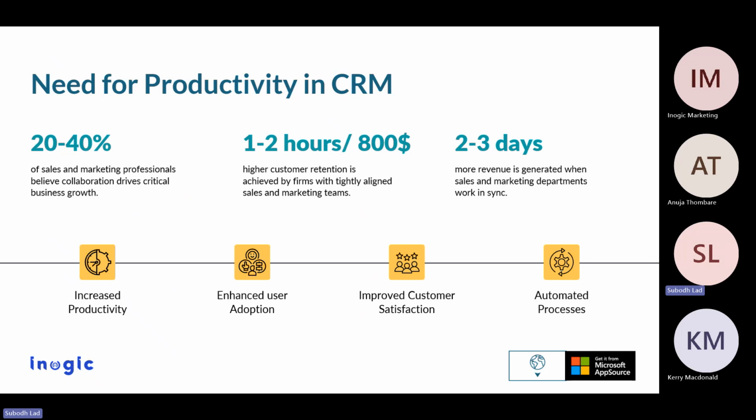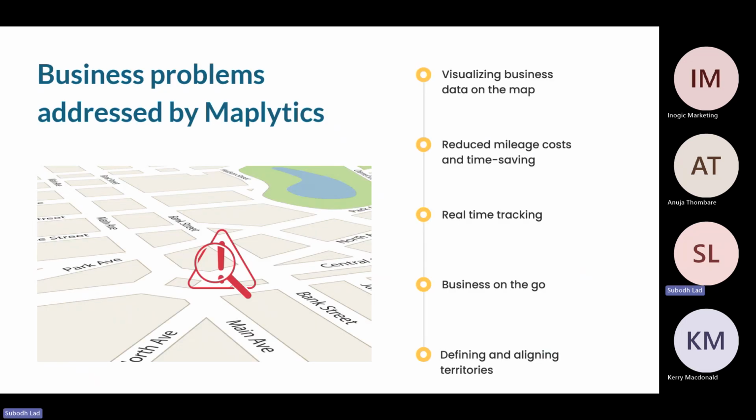This leads to increased productivity, enhanced user adoption, improved customer satisfaction, and automated processes for your office work. These are some of the business problems that are being addressed by Maplytics.